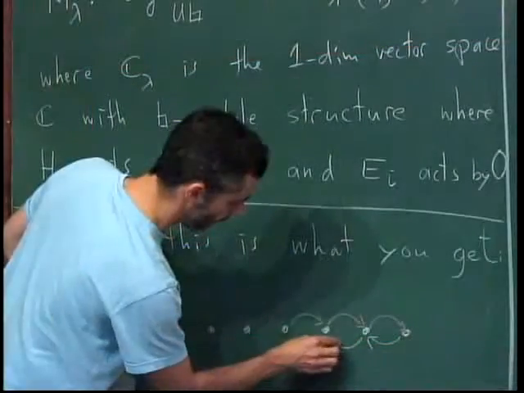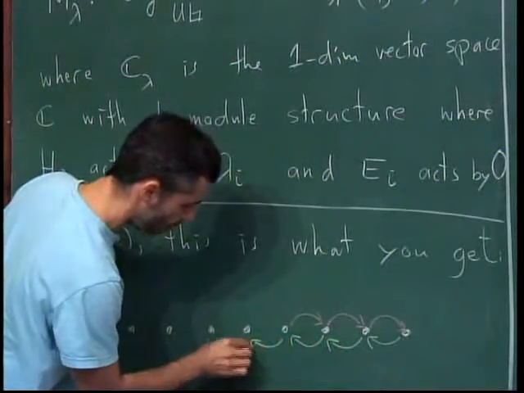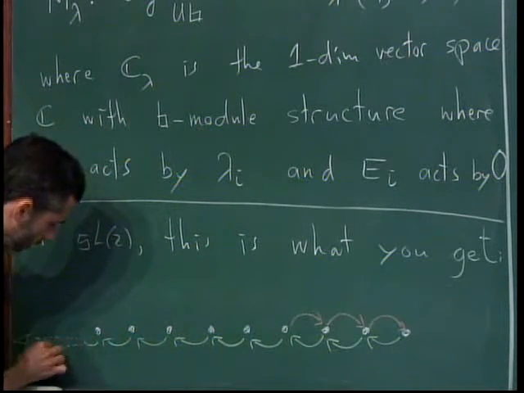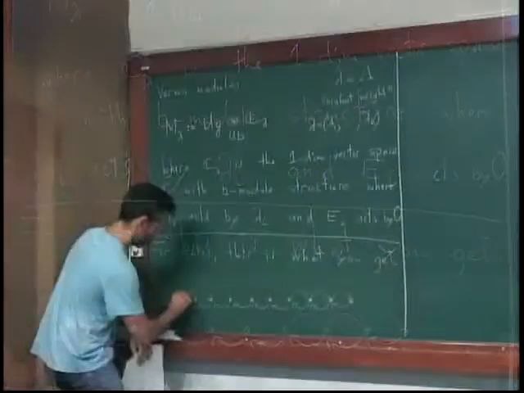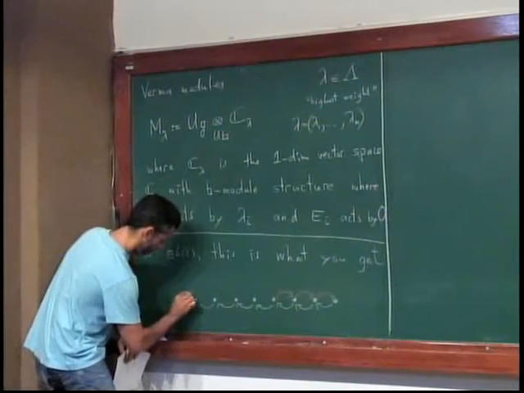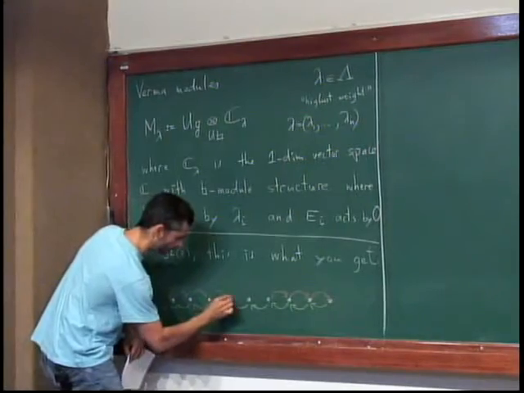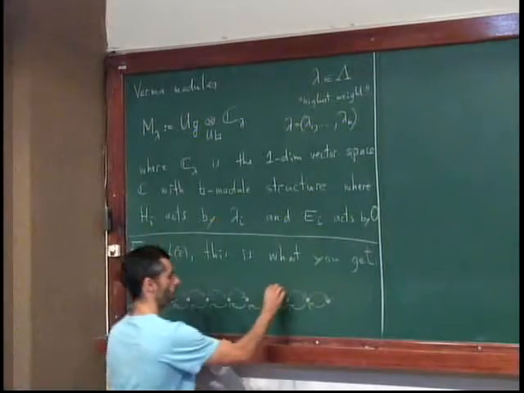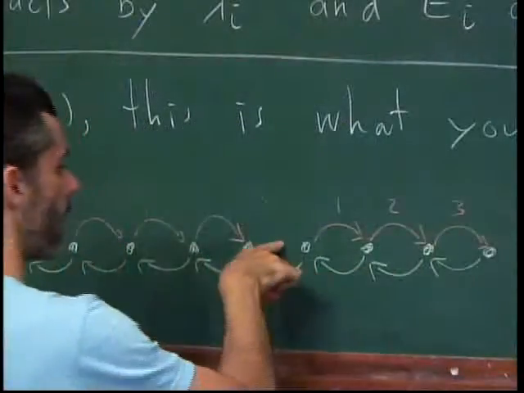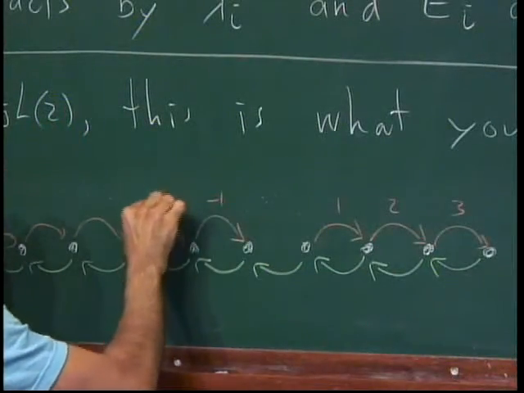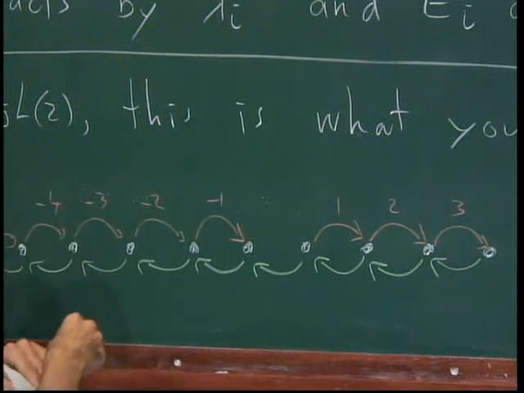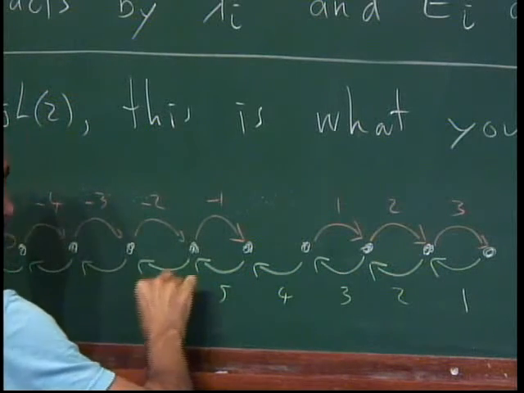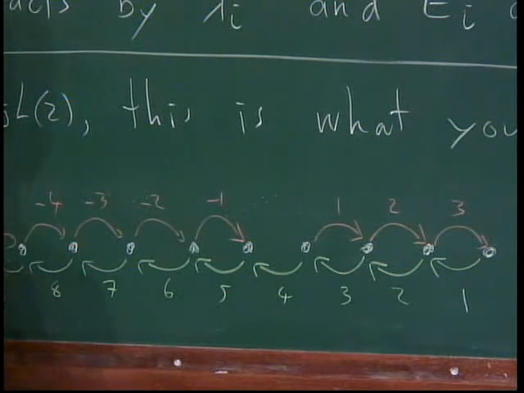In red, I have the operator E, and in green, I have the operator F. So F keeps going, and E keeps going, except that there's a gap. So this is times 1, times 2, times 3, times 0, times minus 1, times minus 2. And this is times 1, times 2, times 3, up to times 8.